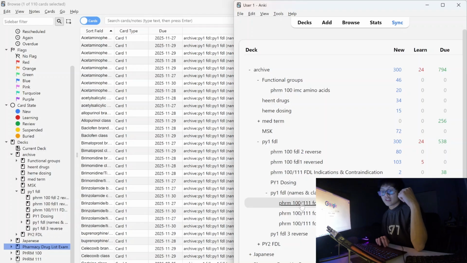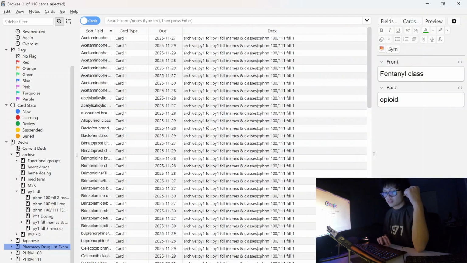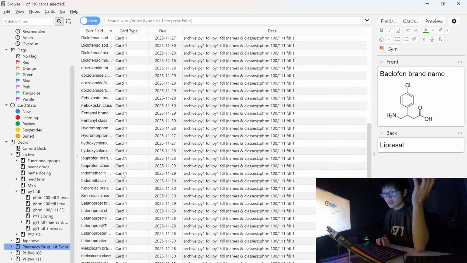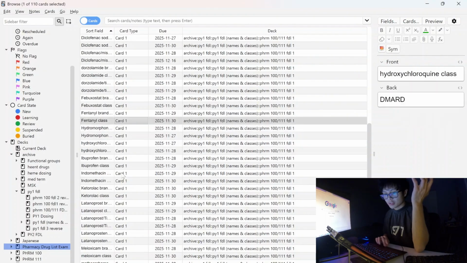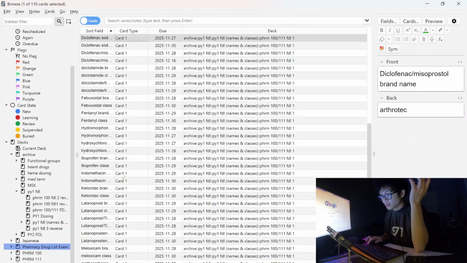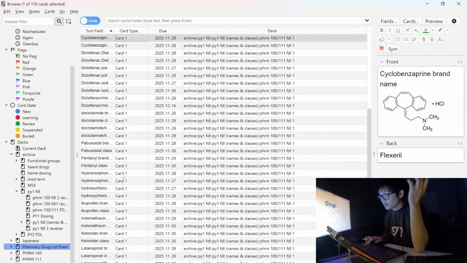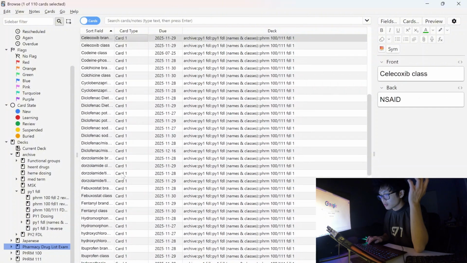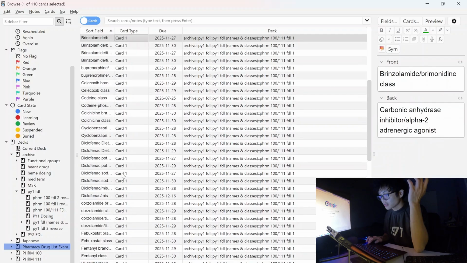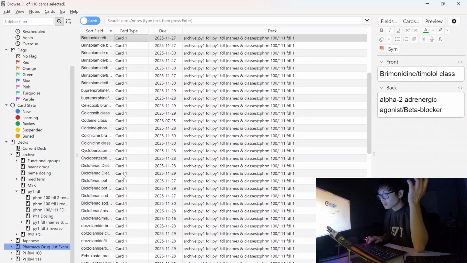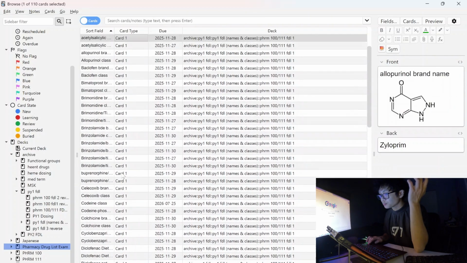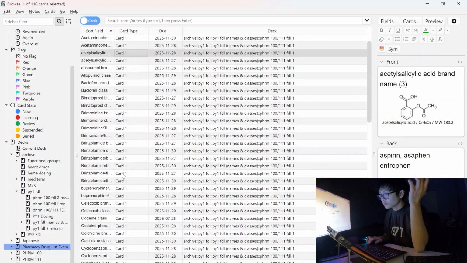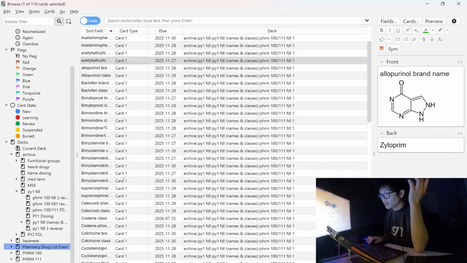Okay, so in general, you're just scaffolding cards. I'm just trying to show one more example here, where I'm scaffolding flashcards. Right here.